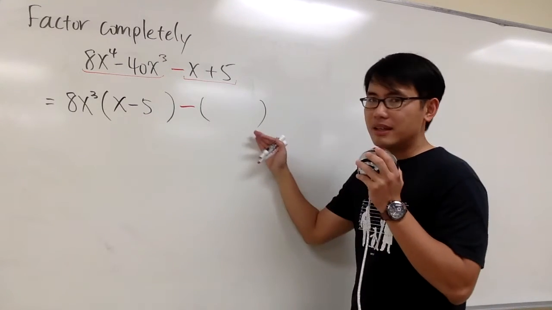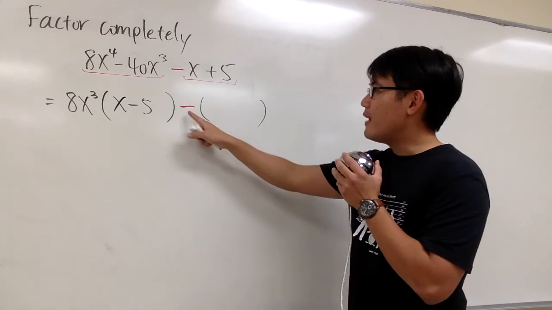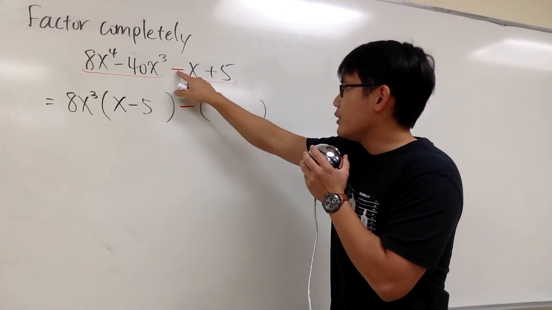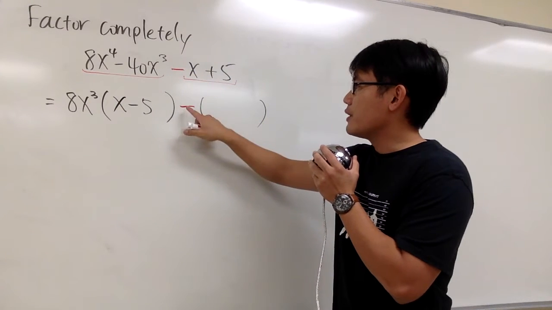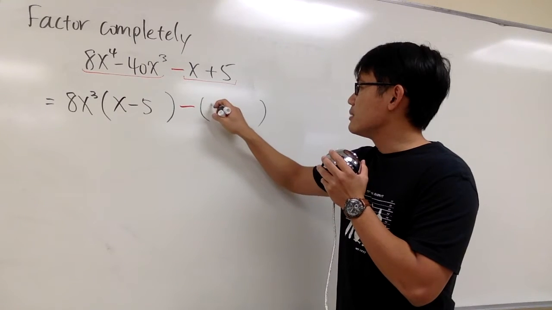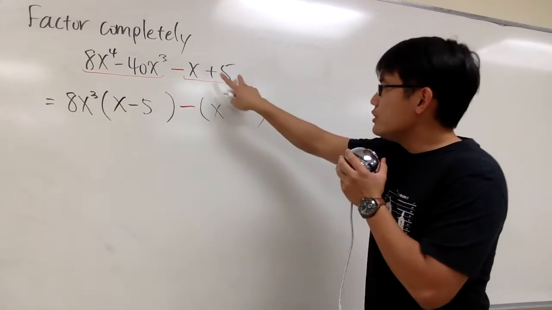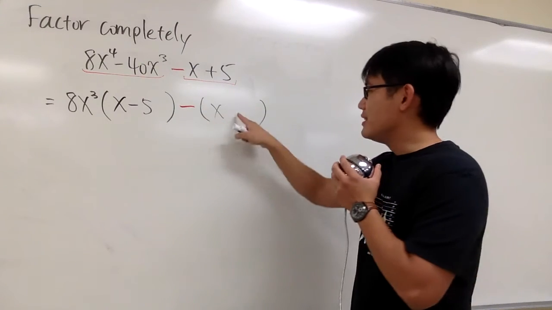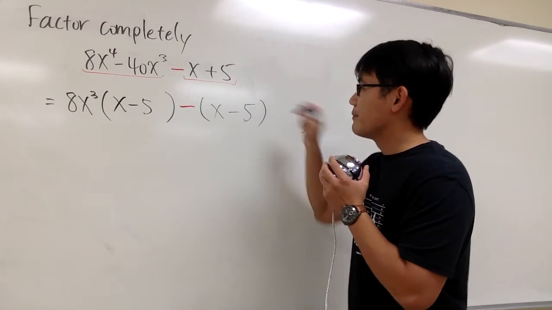And you see, based on this, it's like kind of saying we factor out a negative sign. So you see, originally we technically had a negative x, but we factor out this negative. So this negative x becomes just an x in this parentheses. And then originally we have positive 5, but then we put on negative outside already. So this is going to be a minus 5.